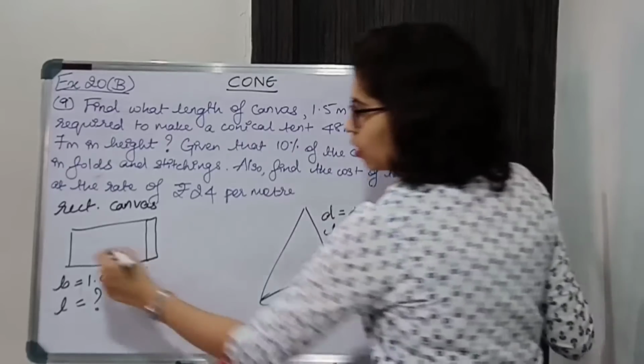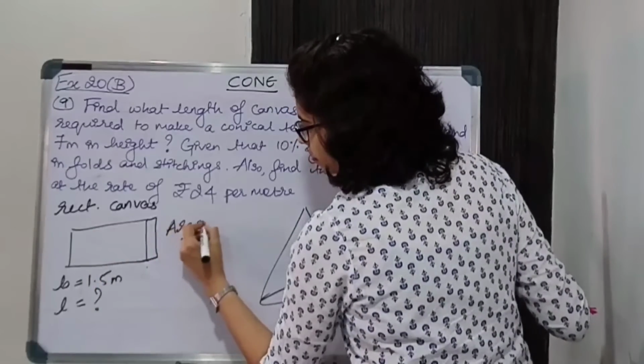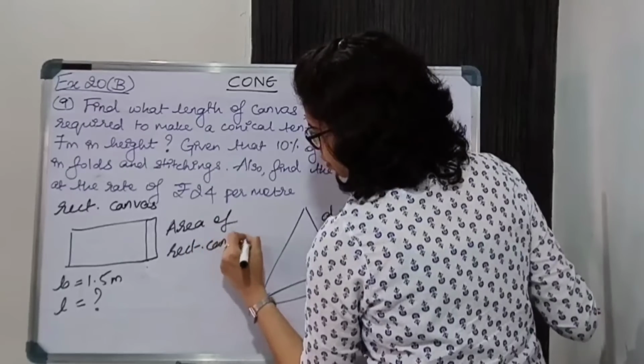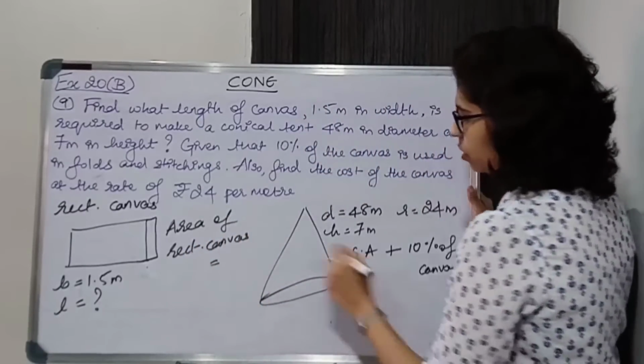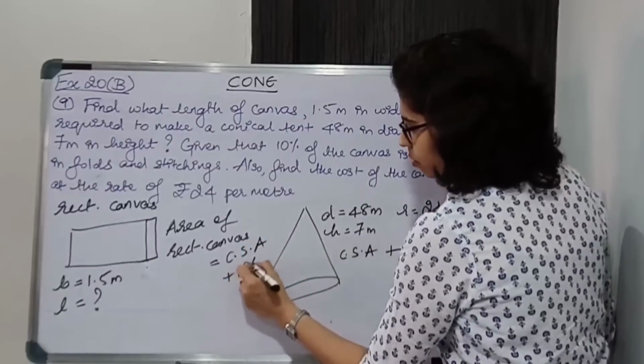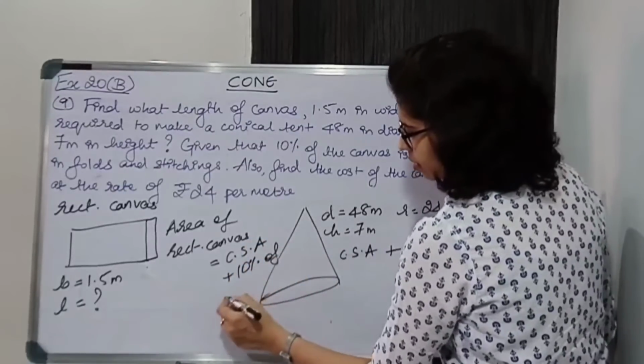Okay, so area of this rectangular canvas is equal to this curved surface area plus 10% of the wasted canvas. ठीक है?